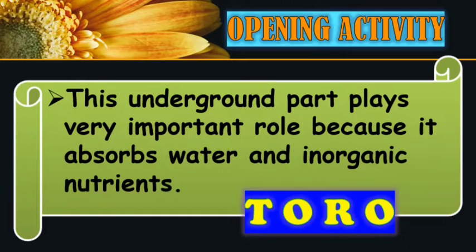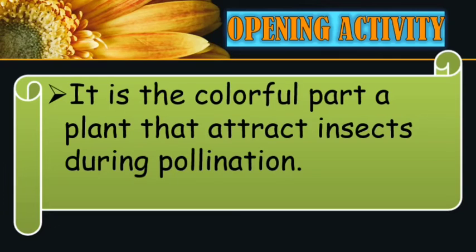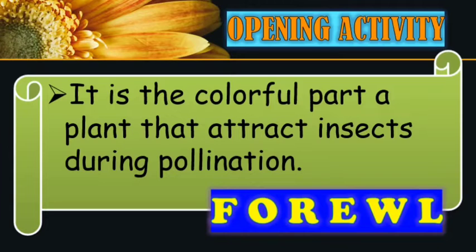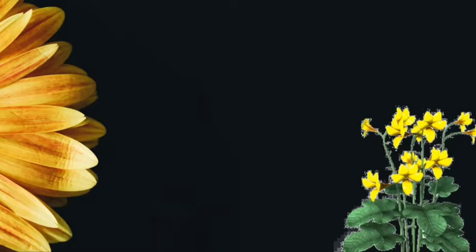What is this? This is root. Another one. It is the colorful part of a plant that attracts insects during pollination. Okay, that is flower.